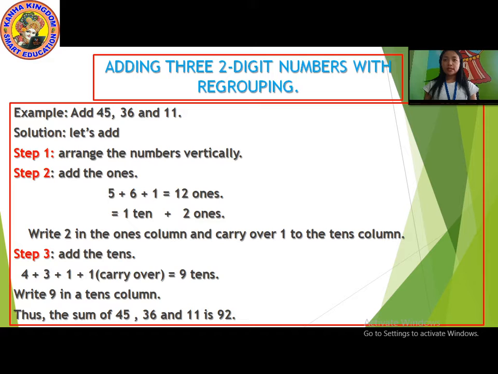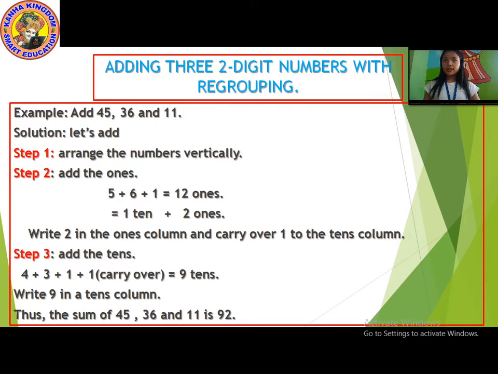So see, 12 ones means 1 ten plus 2 ones, right? So we should write 2 in the ones column and carry over 1 ten to the tens column.